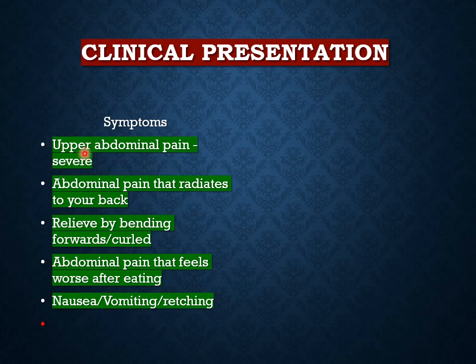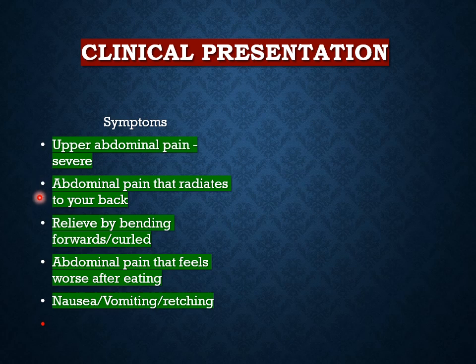Next, we come to the clinical presentation of acute pancreatitis. First, the symptoms. The most prominent symptom of acute pancreatitis is upper abdominal pain. The pain is usually in the upper abdomen, epigastric region, lower epigastric region, around the umbilicus, more to the left.